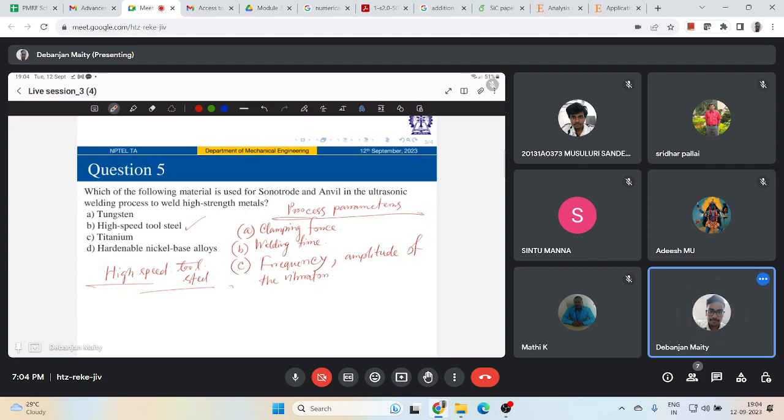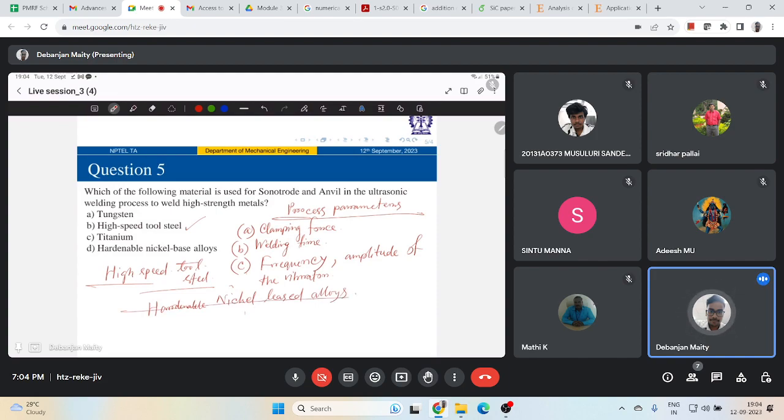And the sonotrode tip and anvil material can also be hardenable nickel based alloys, which are very hard in nature.